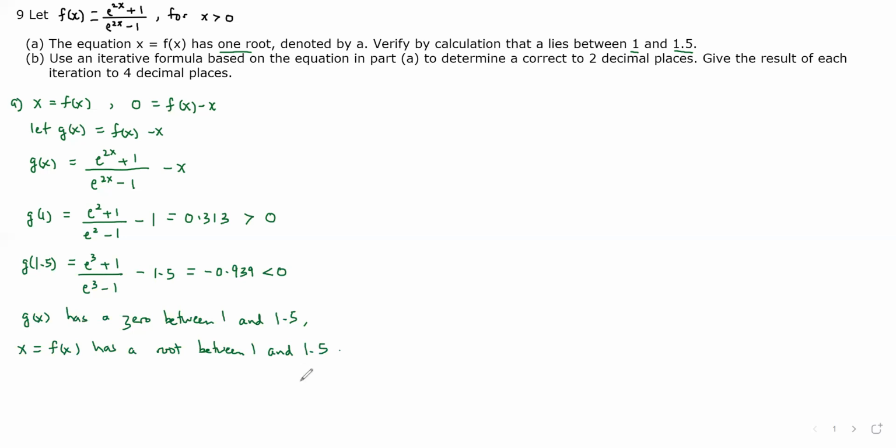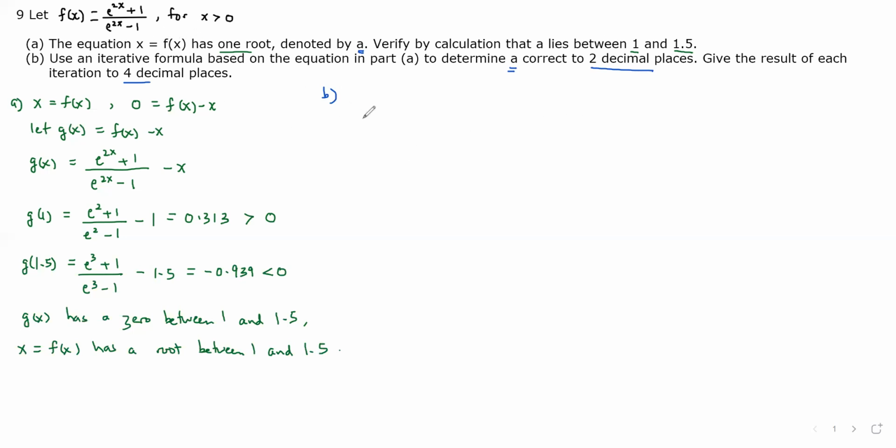Part B, use an iterative formula based on the equation in part A to determine A, which is the root, correct to 2 decimal places. Each iteration is to 4 decimal places.